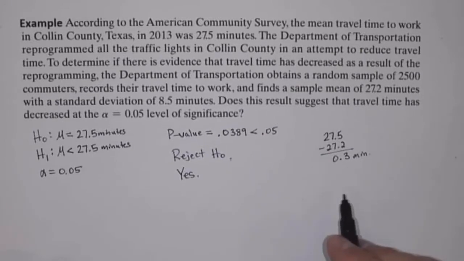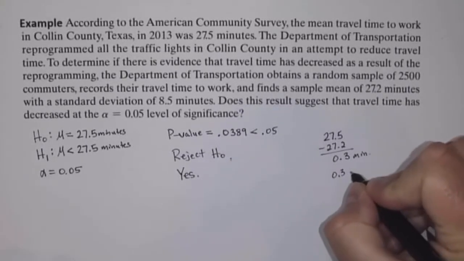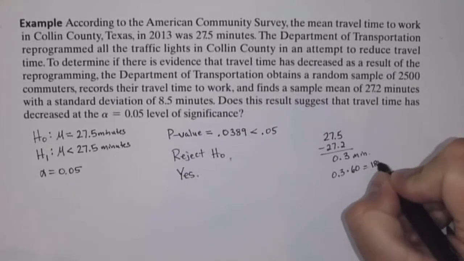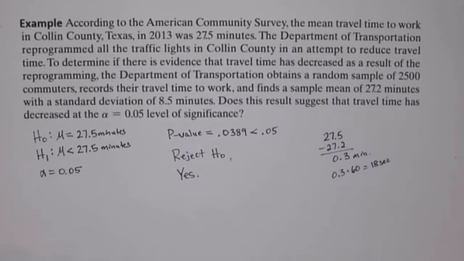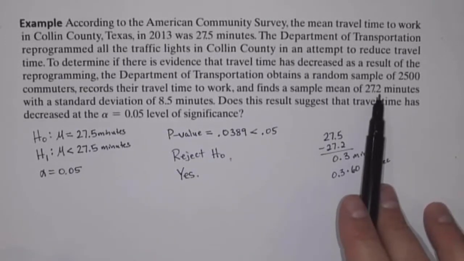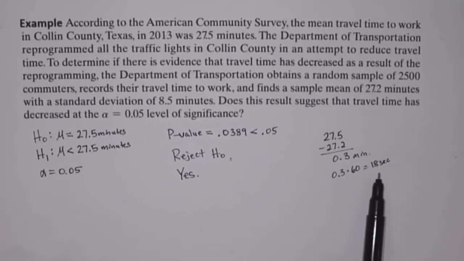And 0.3 minutes, if we take that times the fact that there's 60 seconds in a minute, that is 18 seconds. So it appears, based on our results from this sample, that the travel time may have decreased by 18 seconds.